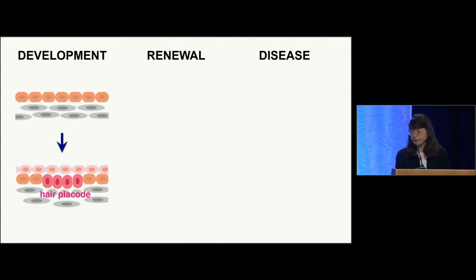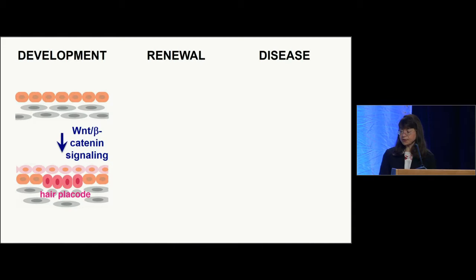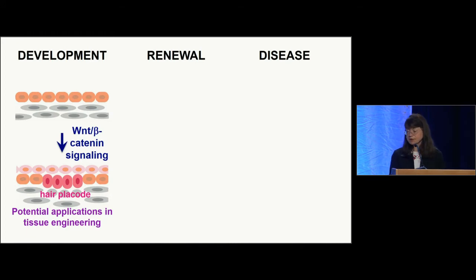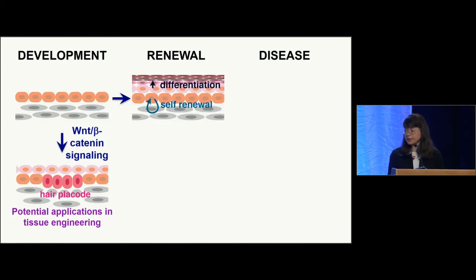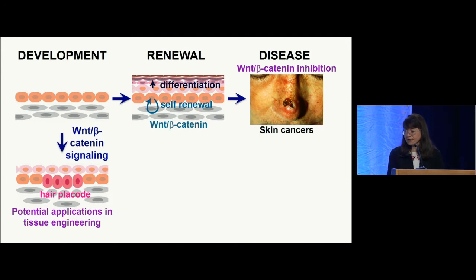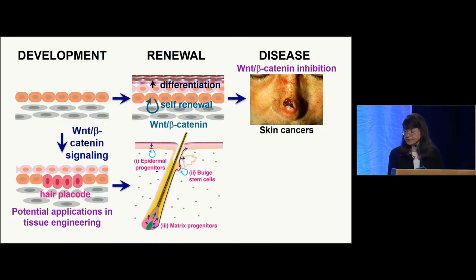So just to give a little overview of what I've told you today, we've shown that during development, Wnt beta-catenin signaling is critical for appendage initiation, and this has potential applications in tissue engineering. We've also identified critical functions for beta-catenin in promoting proliferation, and data from us and many other labs suggest that inhibiting this pathway could be useful in hyperproliferative conditions.